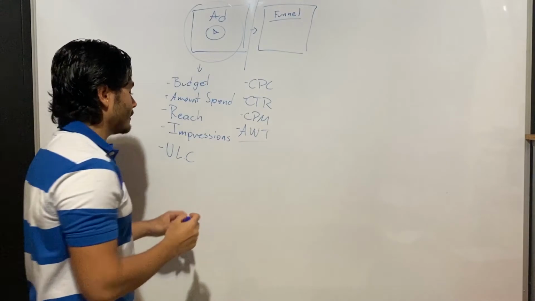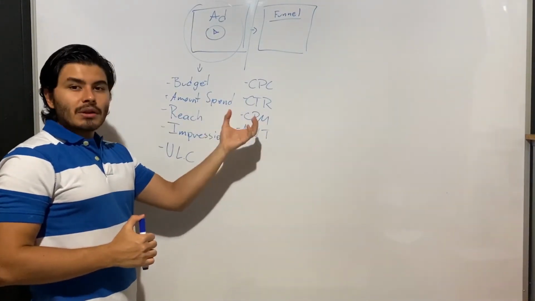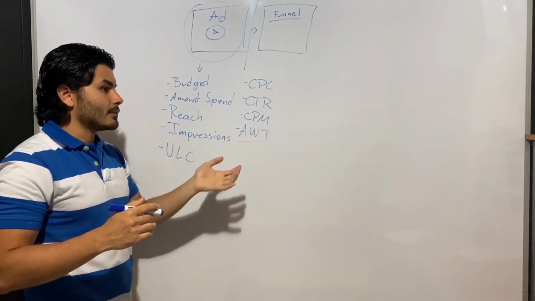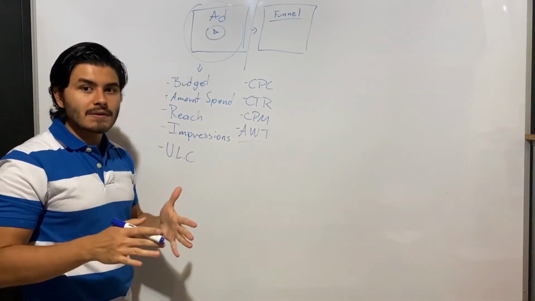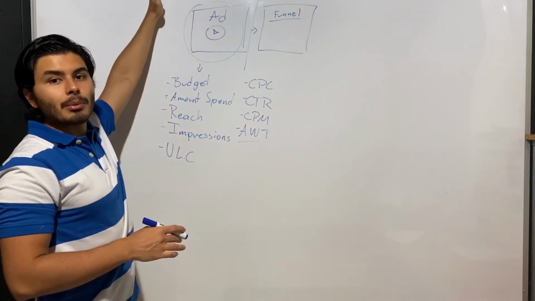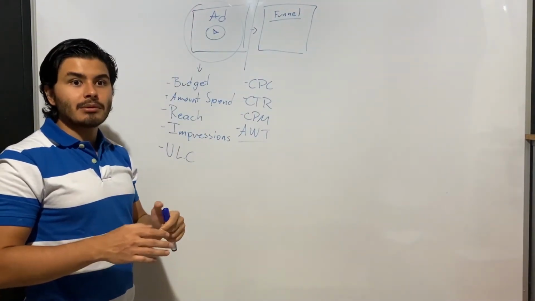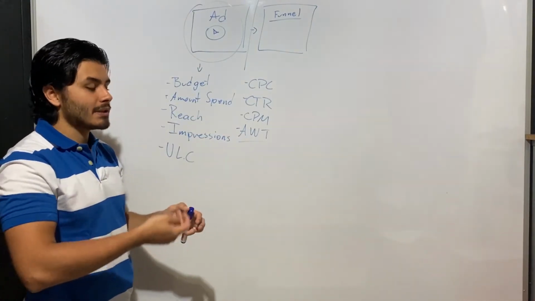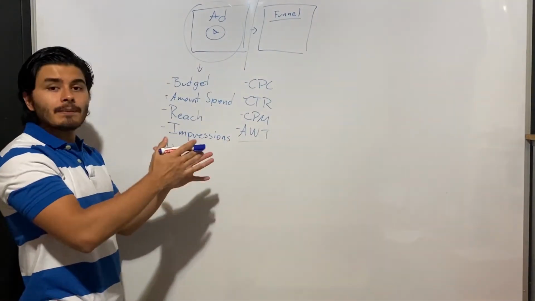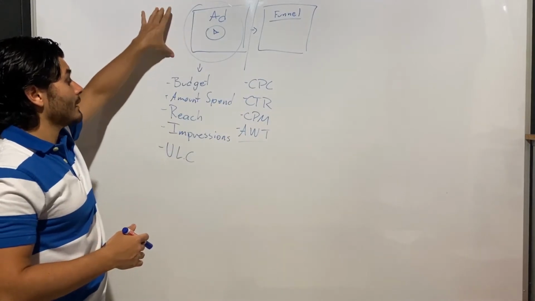Why is this so important? Because if the average watch time is too low, I don't know, 2 or 3 seconds, it's because our scroll stopper or pattern interrupt is bad, and people don't care about it and keep scrolling. So we need to work on this. For me, these are the best metrics to analyze the ad.